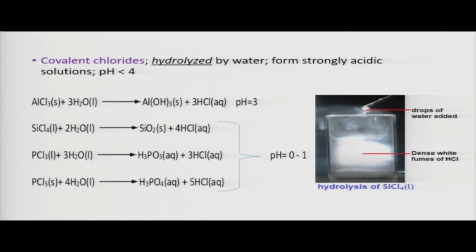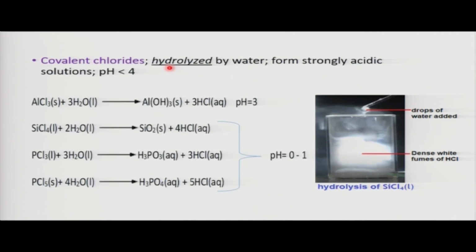Let's quickly now look at covalent chlorides. What happens? As you notice, the covalent chlorides run from aluminum chloride downwards to silicon tetrachloride and even the chlorides of phosphorus. For these, they react, and that is what we basically call hydrolysis.